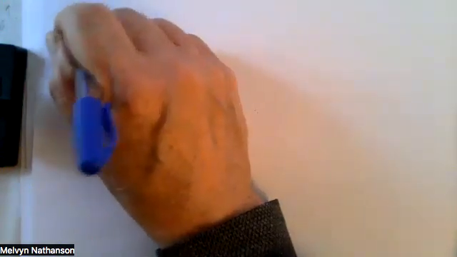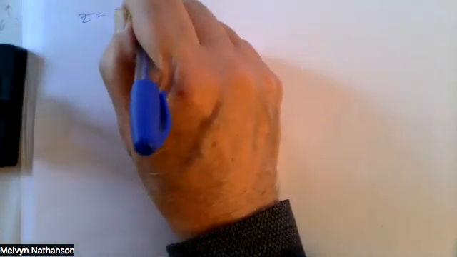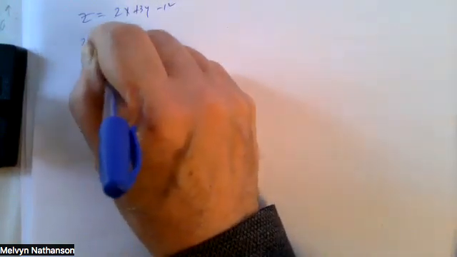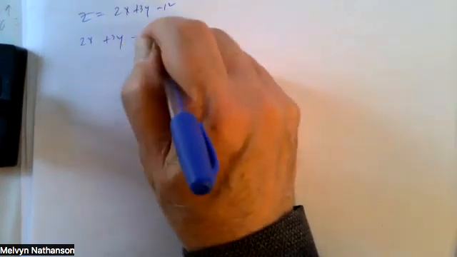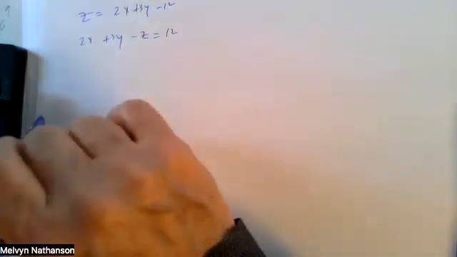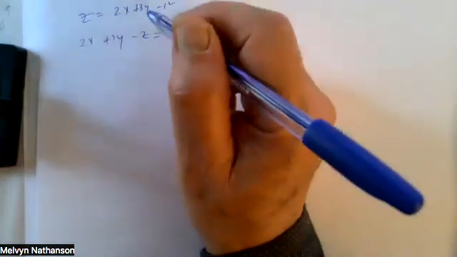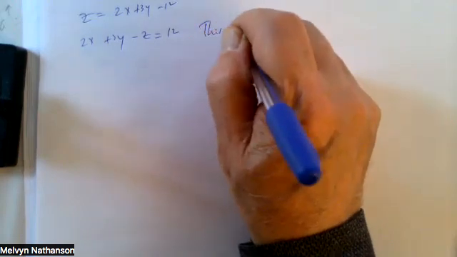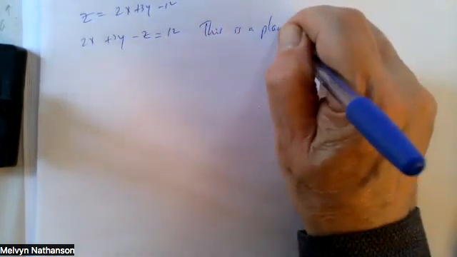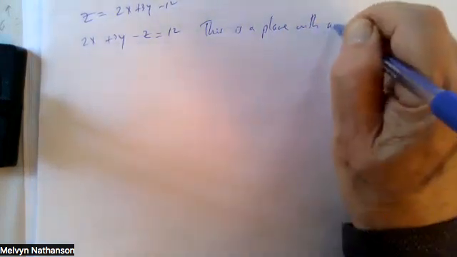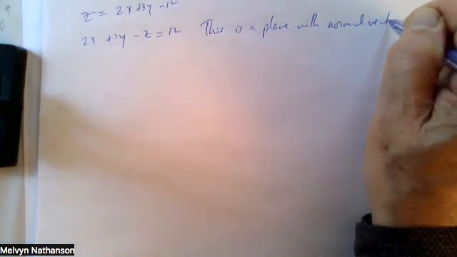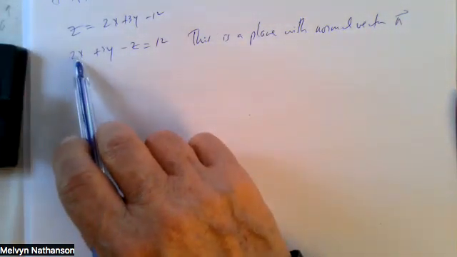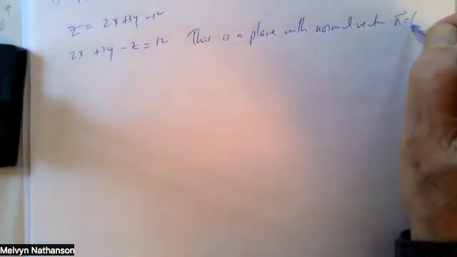So if you have z equal 2x plus 3y minus 12, that's the same as 2x plus 3y minus z equals 12. And this is a plane, with normal vector n given by the coordinates of x, y, and z: 2, 3, minus 1.